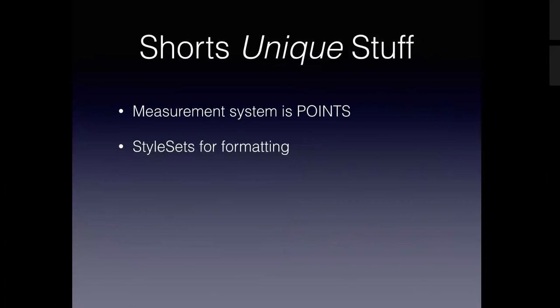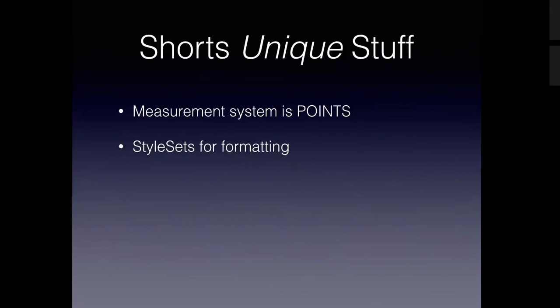Now, when you apply a style set to a page, every item on there inherits that unless you override that. And because they're objects, you can't just say, for this one, I'm going to make the text red. You have to clone the style set and then set the text red and then apply that to the object in question.